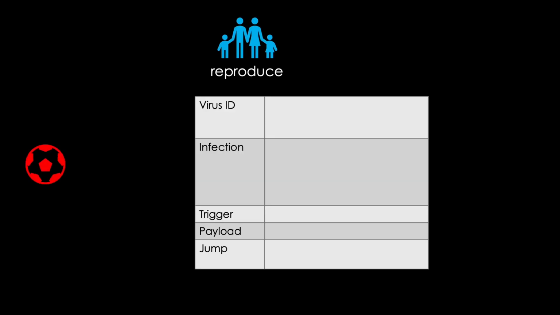Now, how does a computer virus reproduce? Let's look at how a virus is built up. First of all, we have a virus ID. So when the virus begins, it has some kind of ID, some kind of code, which is also used by antivirus tools in order to detect viruses within executables, for example.